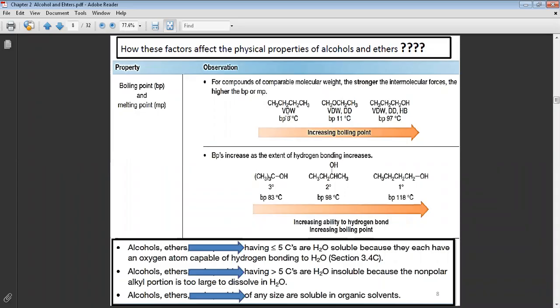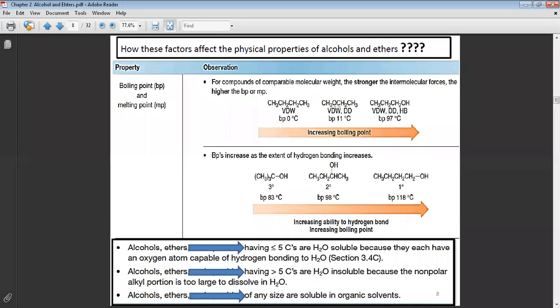Look at the boiling point here, zero. But look at the boiling point here, it is 11. That means the boiling point increases. Why? Because of the increased ability to bond between the molecules, due to the van der Waals forces and the dipole-dipole interaction.